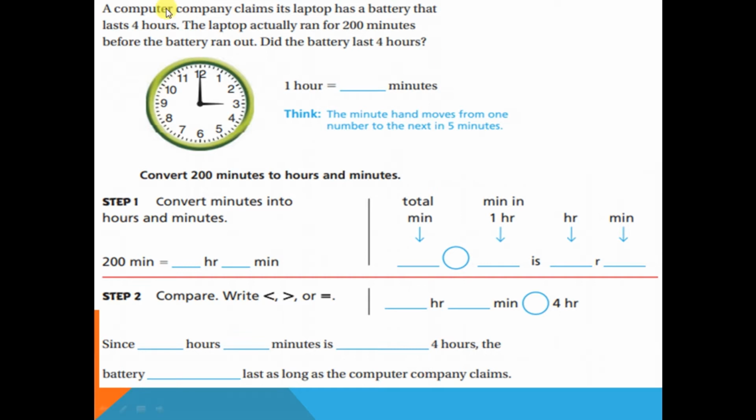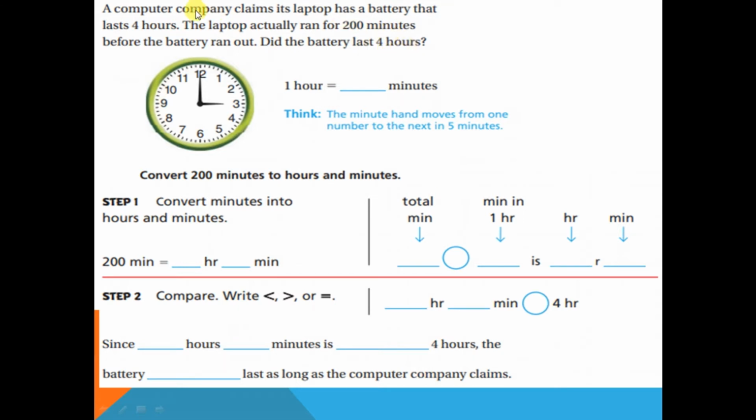A computer company claims its laptop has a battery that lasts 4 hours. The laptop actually ran for 200 minutes before the battery ran out. Run out means finished. Did the battery last 4 hours or not?